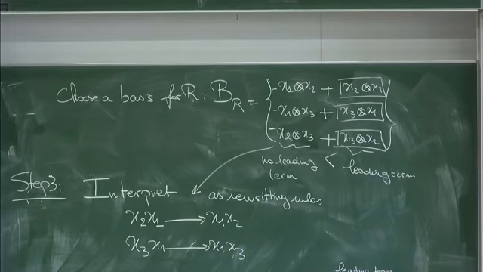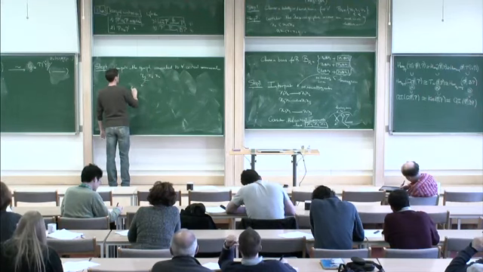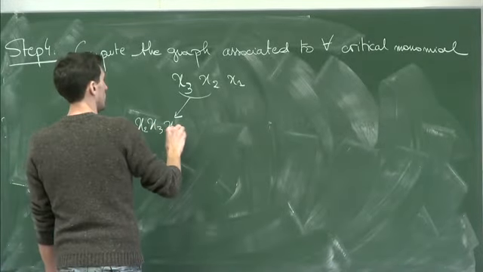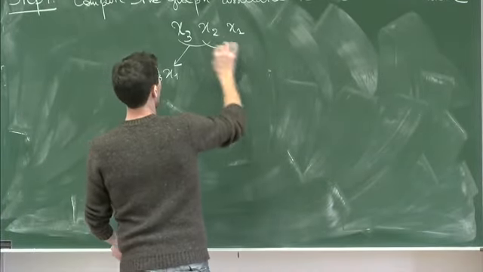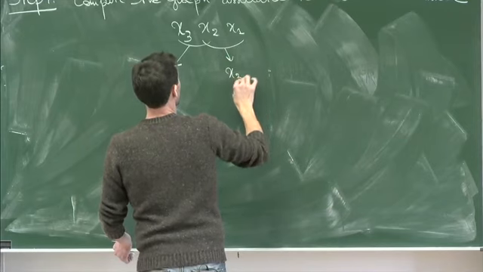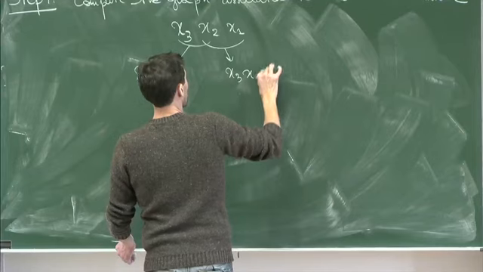In the example here, we have just one critical monomial, which is this one. So what can we do? We can first rewrite this. It becomes x2, x3, x1. Or we can rewrite that guy. It gives us x3, x1, x2.